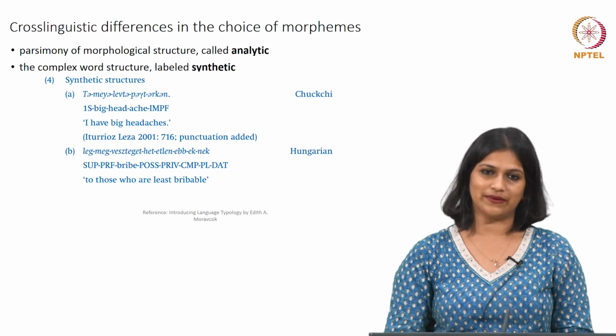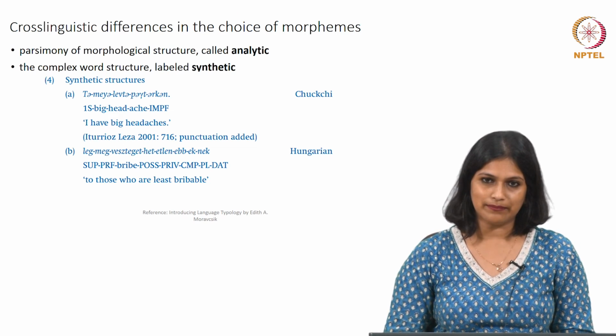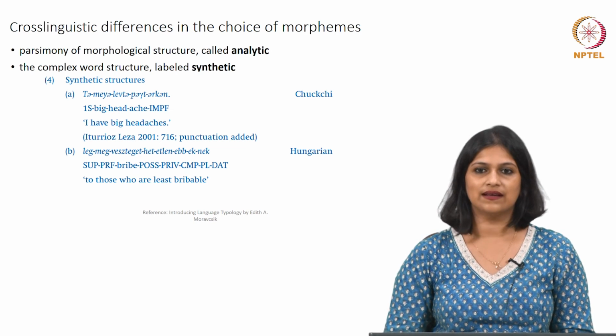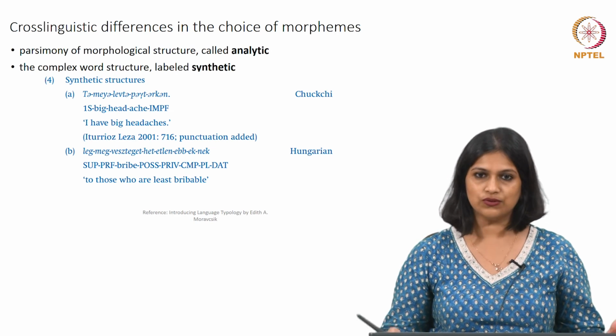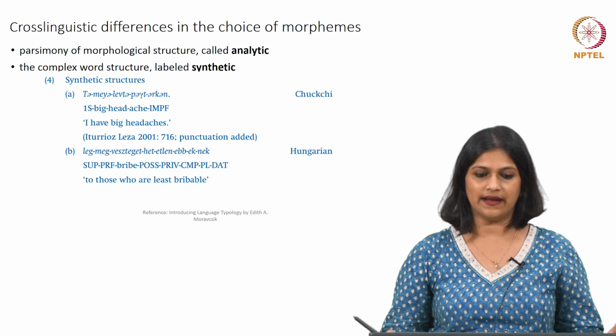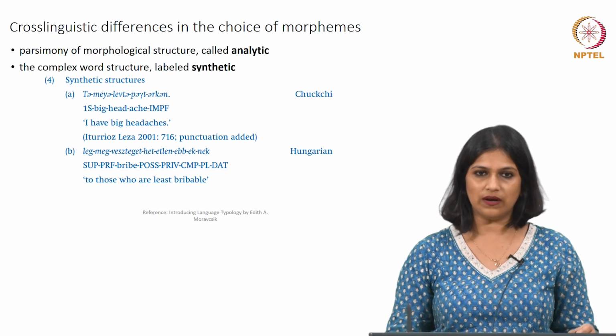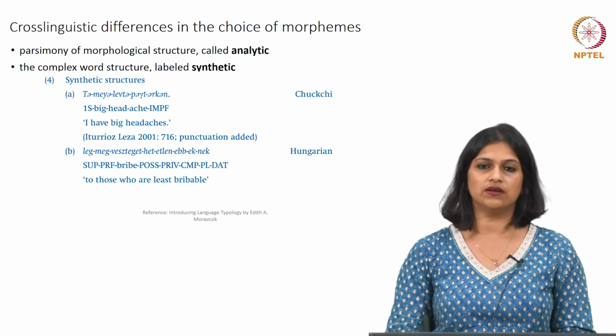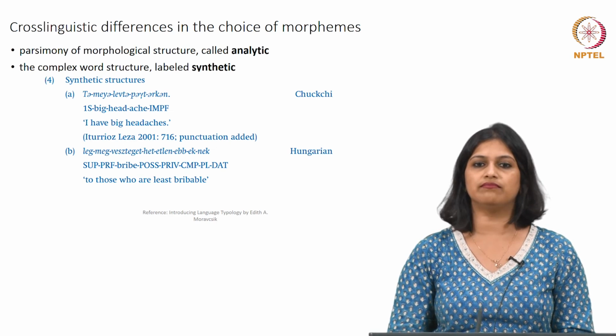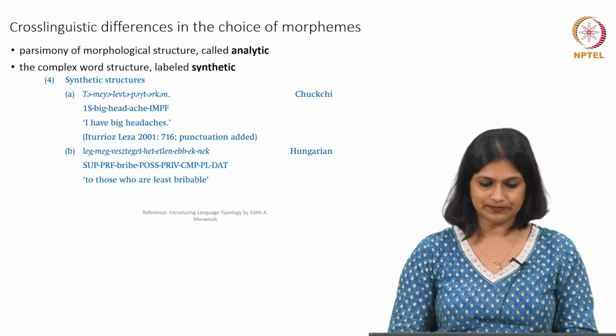So, this is a language which has a huge complex word that consists of 8 morphemes. One word having multiple morphemes obviously is loaded with multiple sets of information.